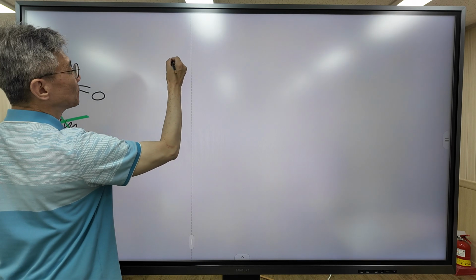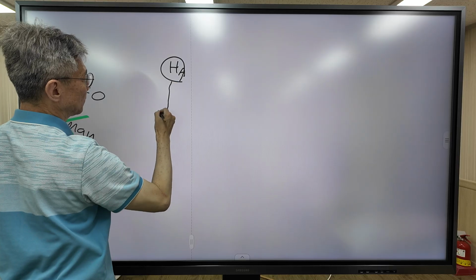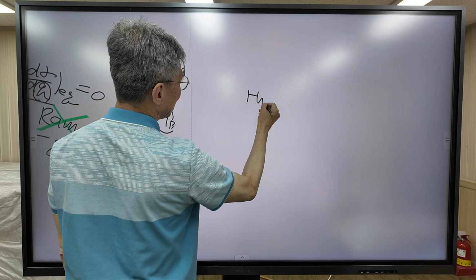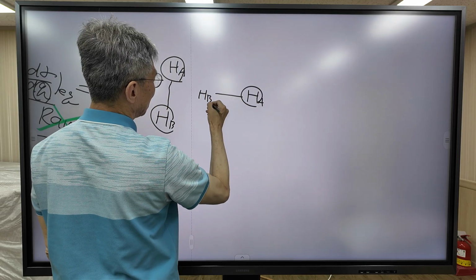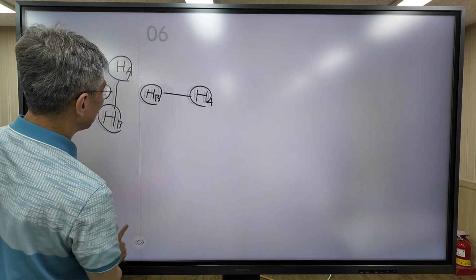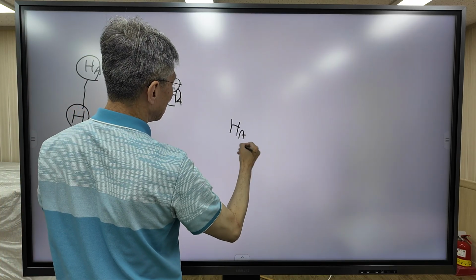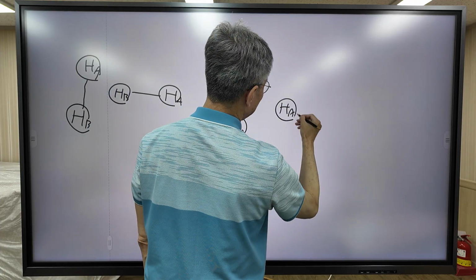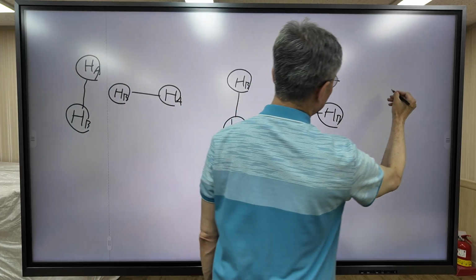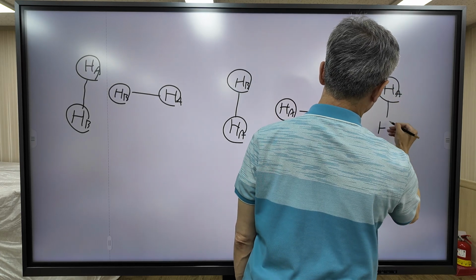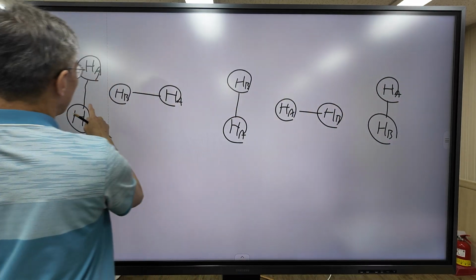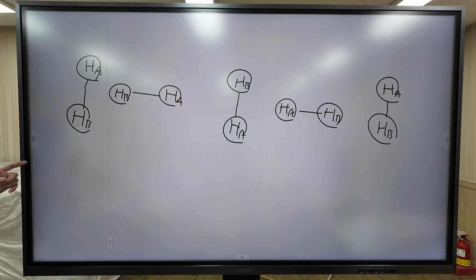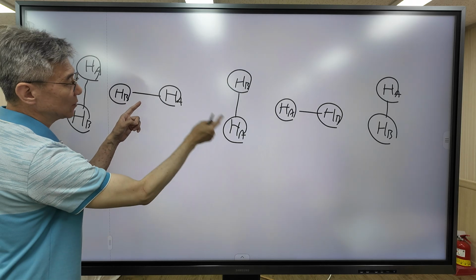For example, when the molecule rotates, the molecule completes one cycle of rotation. Now compare the polarizability of these two states.